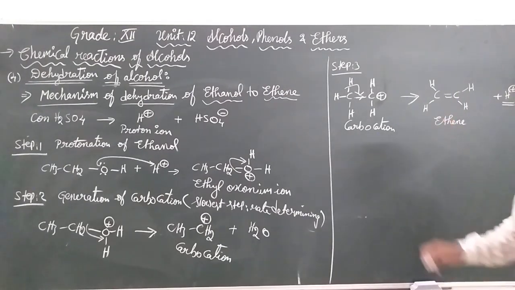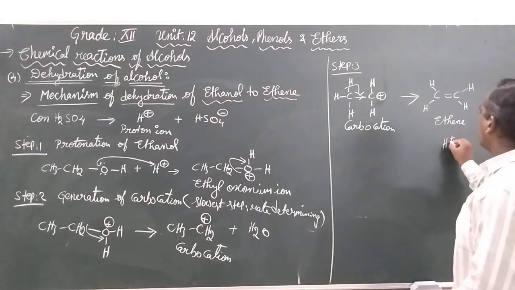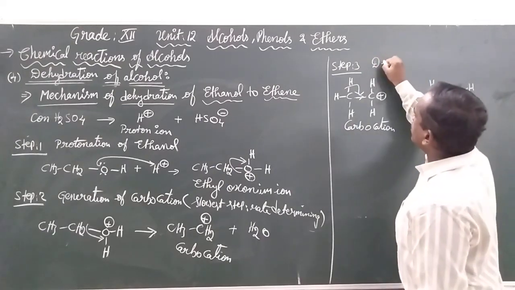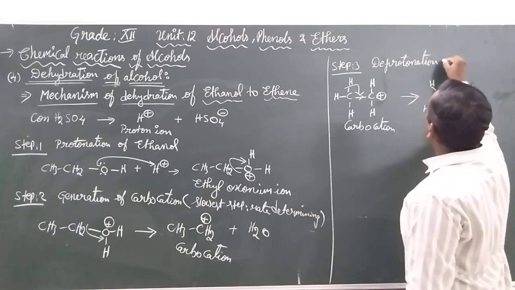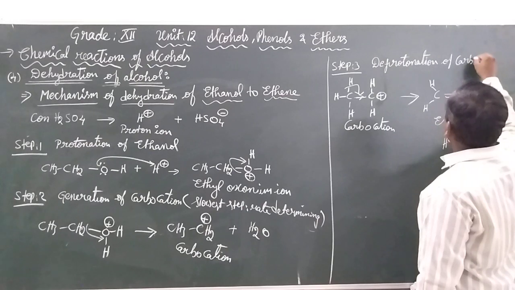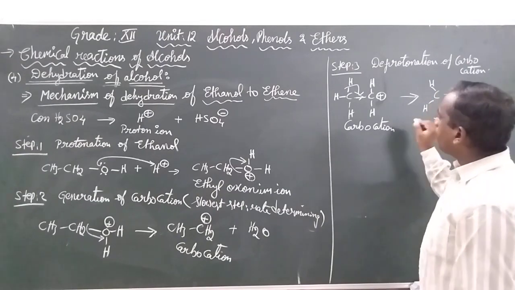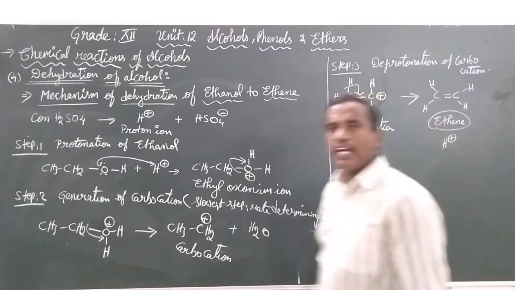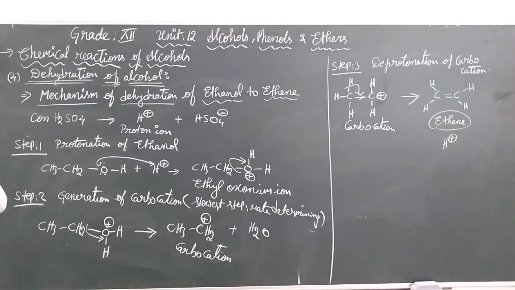This step in which the H plus was removed is called deprotonation of the carbocation, to form an alkene, that is ethene. So these are the three steps involved in converting an alcohol to an alkene, or ethanol to ethene in our example. Very important mechanism.